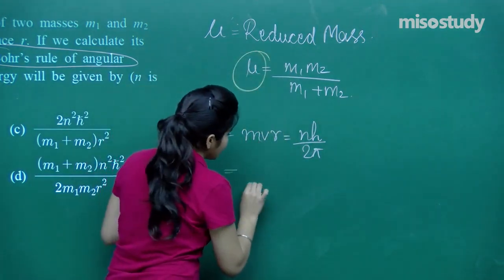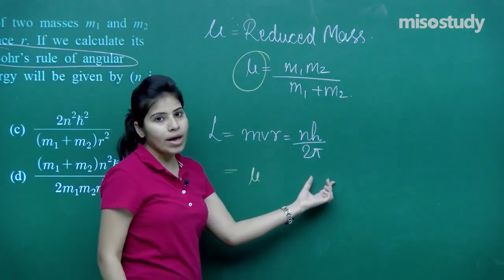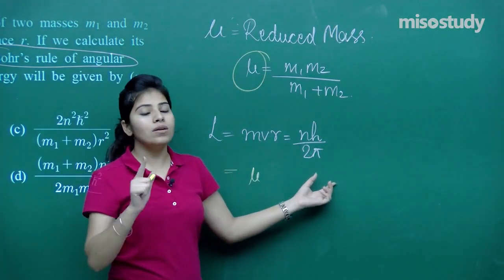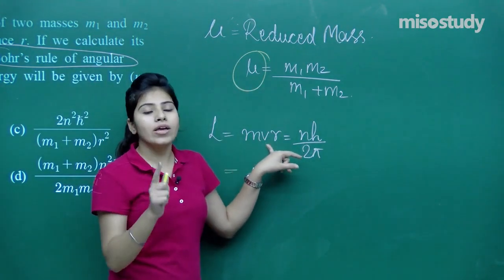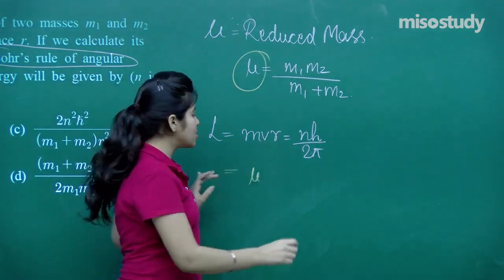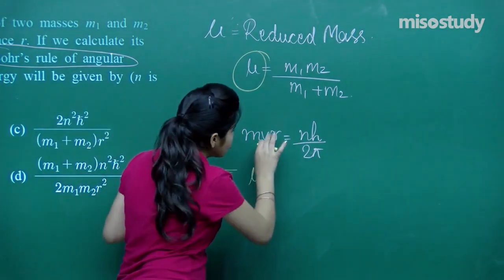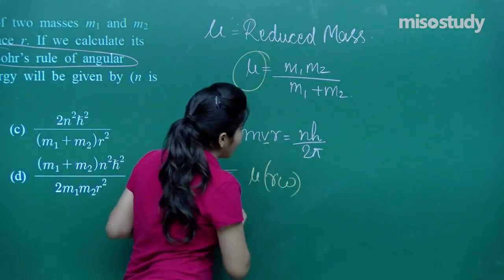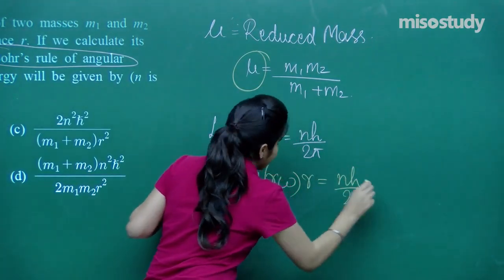So I will be writing mu vr equals nh upon 2 pi. Now one more thing over here, you know that the angular velocity can be written as v equals r omega. So in place of v you will be writing r omega, and this equals nh upon 2 pi.